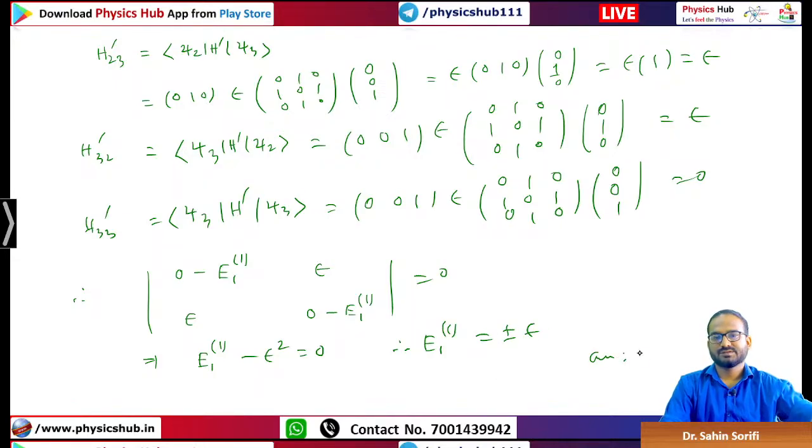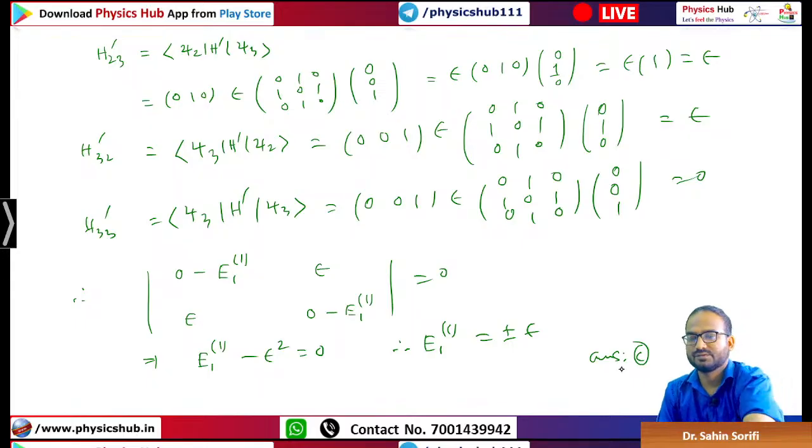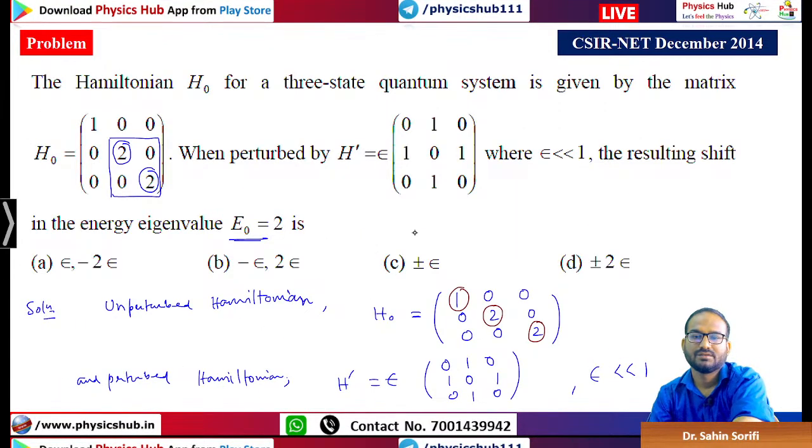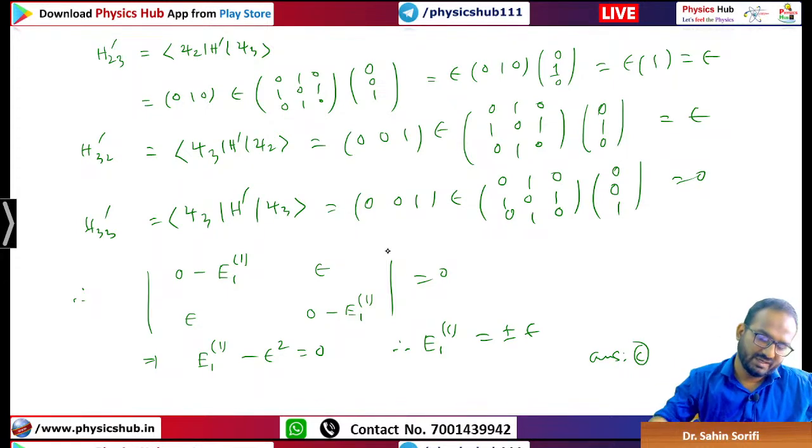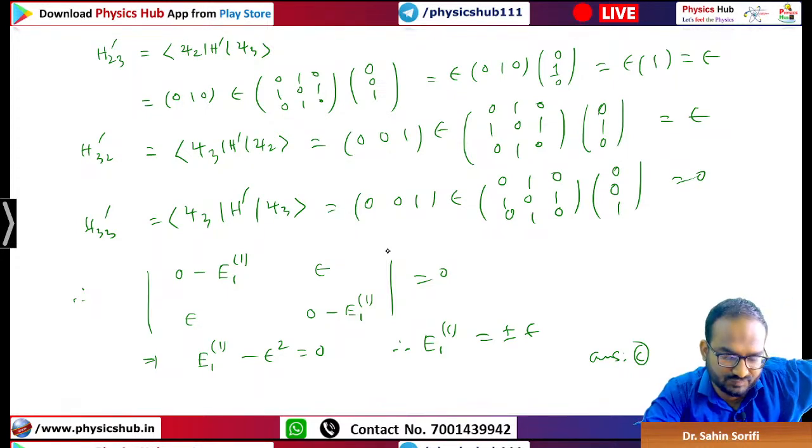That's precisely matching with option C. So simple. Any question, guys? Tell me if anyone has any question with this problem.